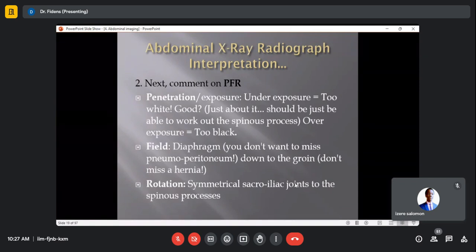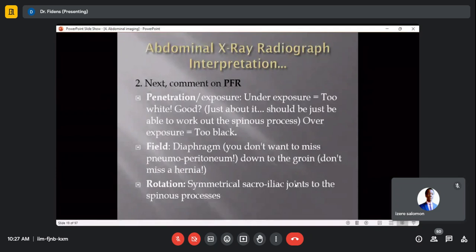Okay, it's simple. It's FPA. Penetration, you know how to check for. Collimation of field, please make sure the film includes the diaphragm because the cause of the abdominal pain can be pneumoperitoneum, free air in the peritoneal cavity.